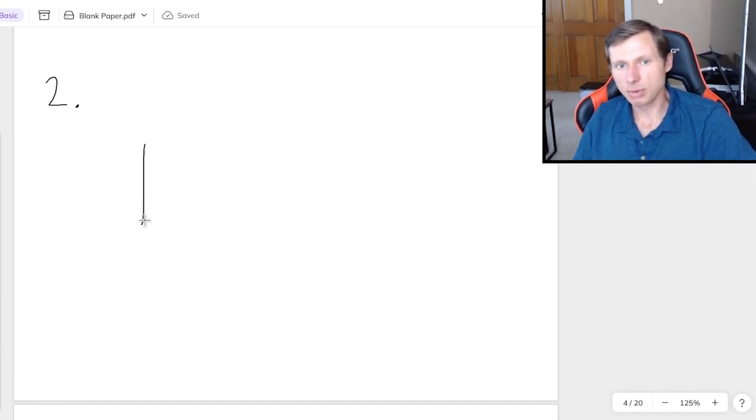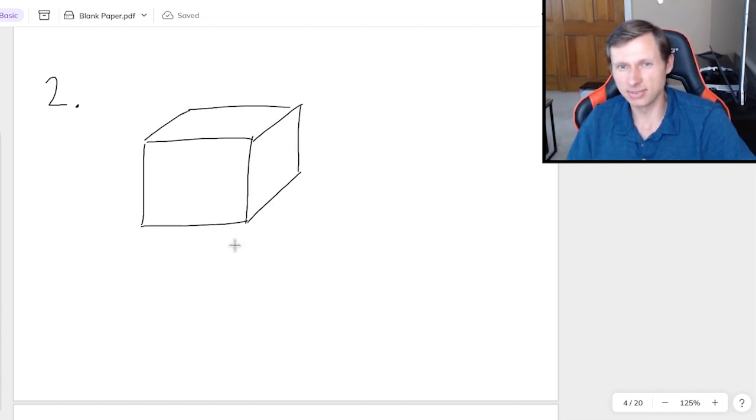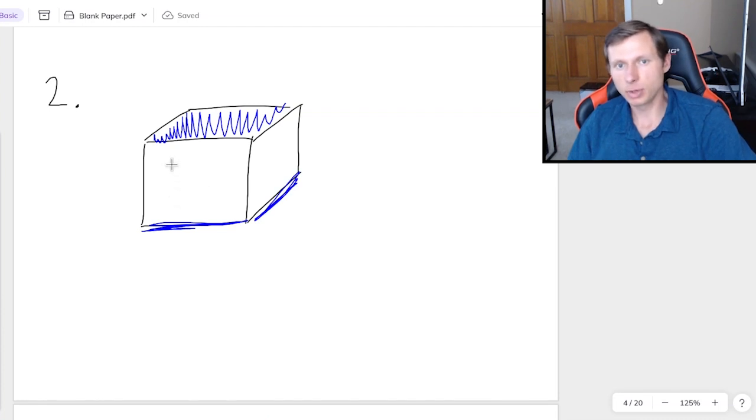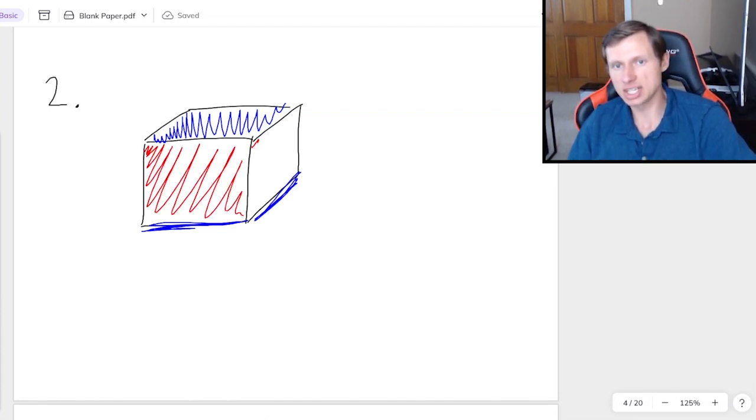For this one, I'm going to be building a box, and it's a beautiful box if I've ever seen one. And we are going to be painting this box today. So I want blue paint for the top and for the bottom, and then I'm going to be using red paint for all 4 sides.